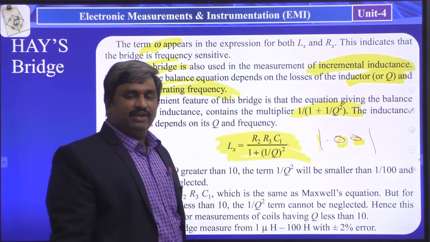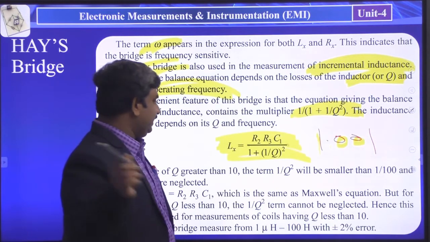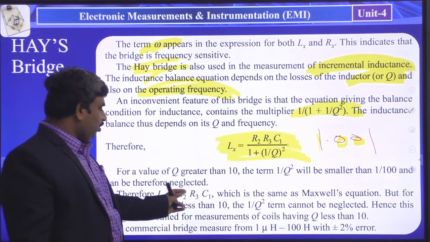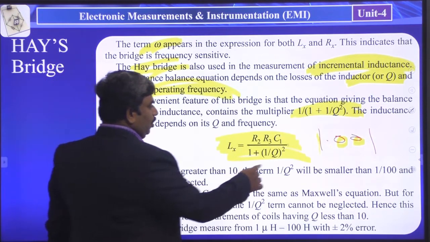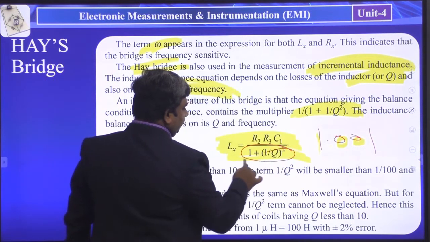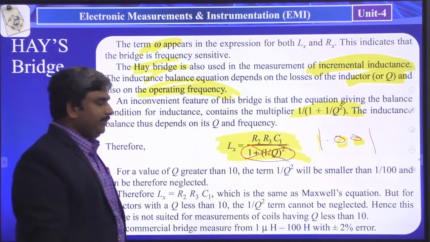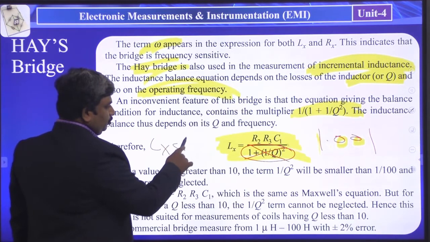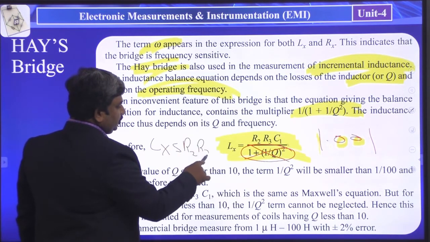This is a very small value, we can neglect it easily. So we can neglect this denominator completely, and the remaining value is Lx is equal to R2 R3 C1.